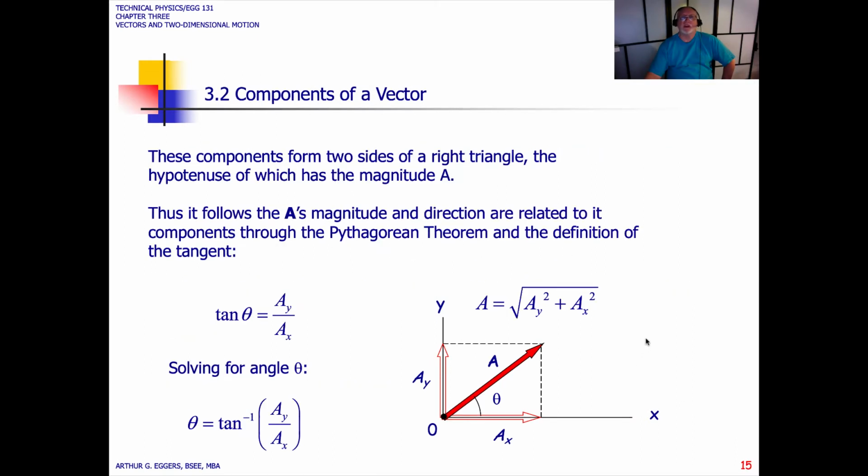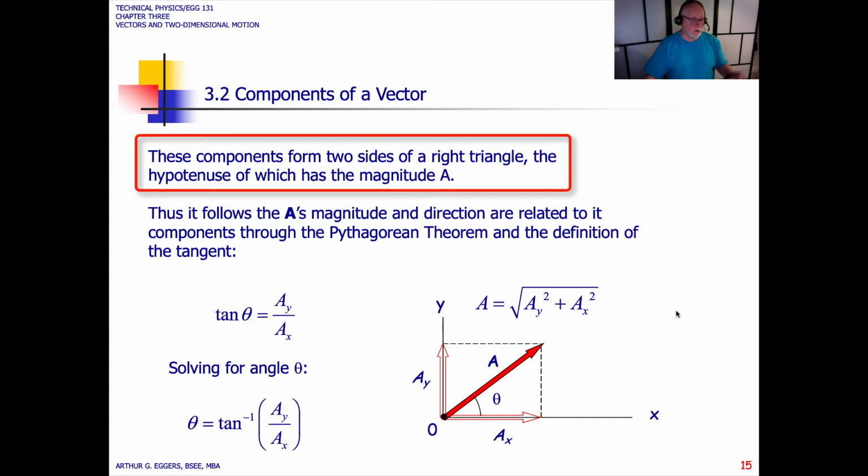The components form two sides of a right triangle, and we will be interested only in right triangle trigonometry in this course. So we're going to look at how we use right triangle trigonometry to do vectors, the hypotenuse of which has the magnitude A. So A here becomes the hypotenuse of the triangle.